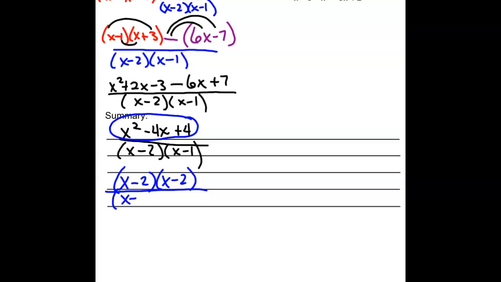And in doing that, you can see that we are able to do some reducing here. I am still going to list restrictions. X cannot equal a 2 or a 1 because it would create a 0 in our denominator. We can reduce out one of our x minus 2's from the numerator and denominator. So my final reduced answer is just x minus 2 divided by x minus 1.